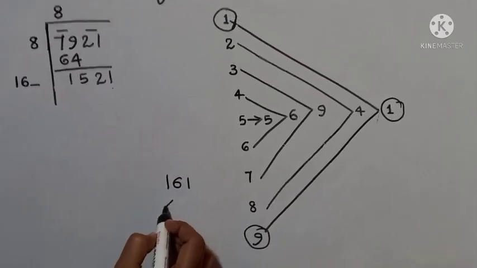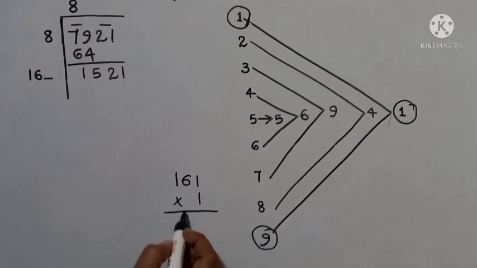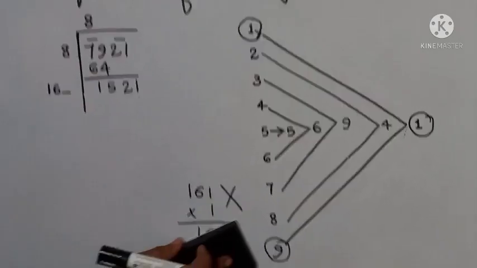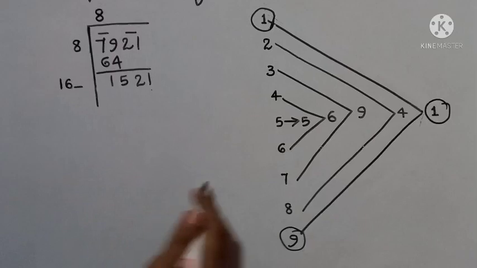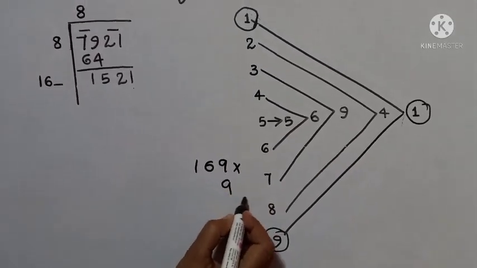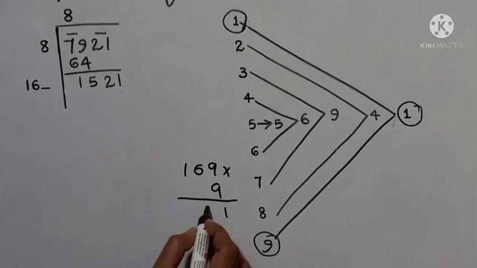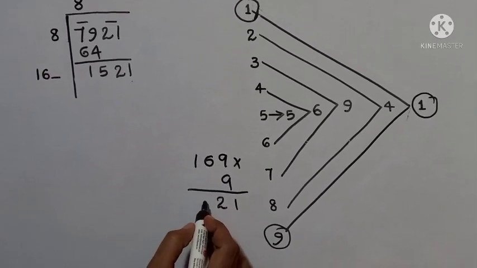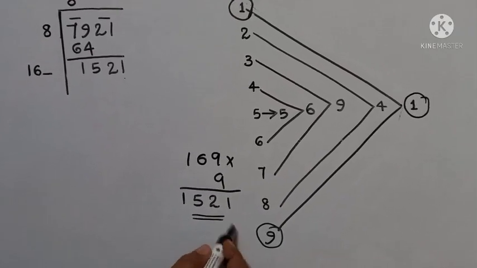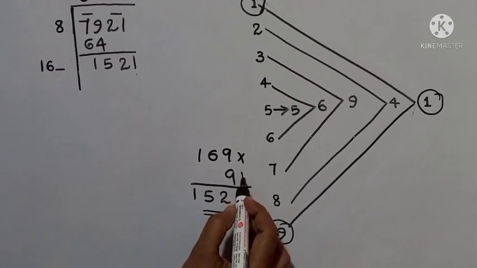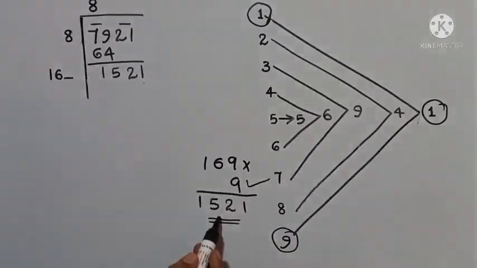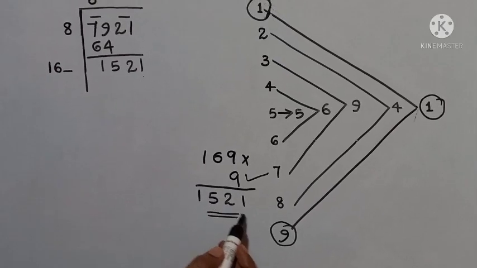First we try with 1. 161 into 1 is 161 itself, so we cannot select this 1. Next we try 9. 169 into 9, we get 1521. So we select this 9, because here we have 1521 and here also we have got 1521.